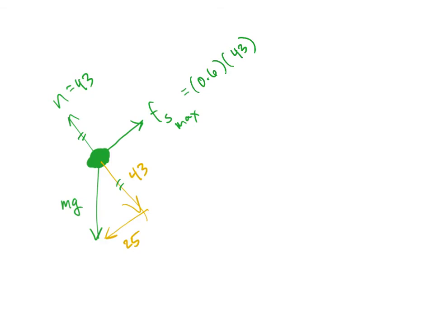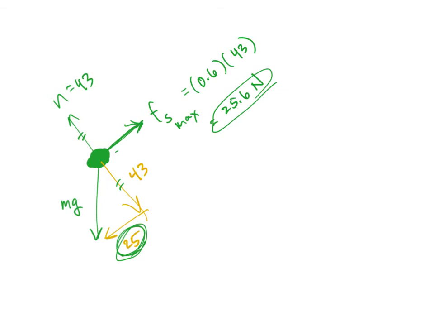Oh, well, that's actually going to be really close. That's going to be, what, 25.6, I think, newtons. So what does that mean? Well, that's actually interesting. I wasn't intending this, but that means it's not going to move, right? 25.6 is a little bit more than 25. So the force now up the ramp, holding it up, is more than the force down the ramp.